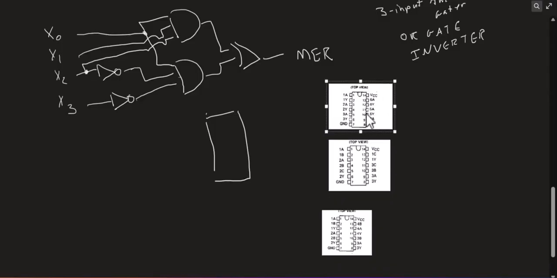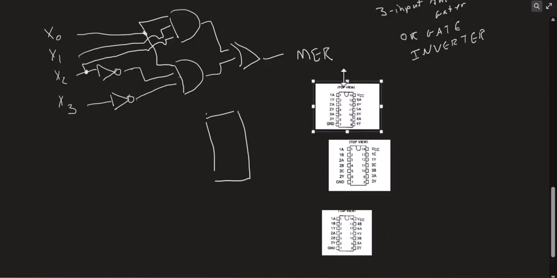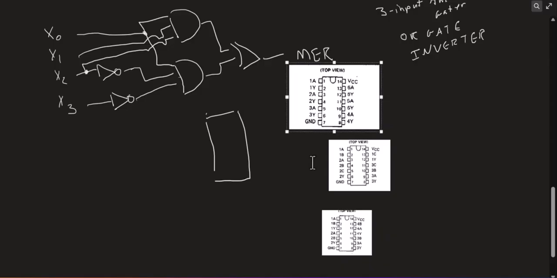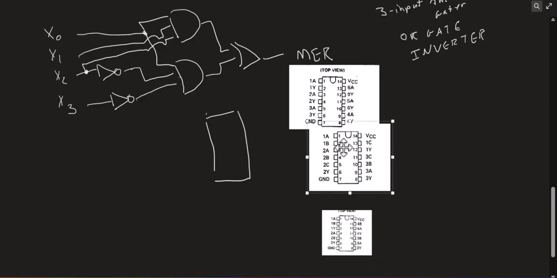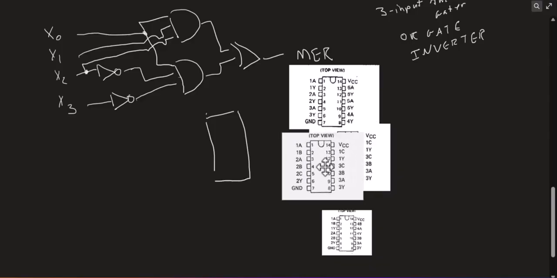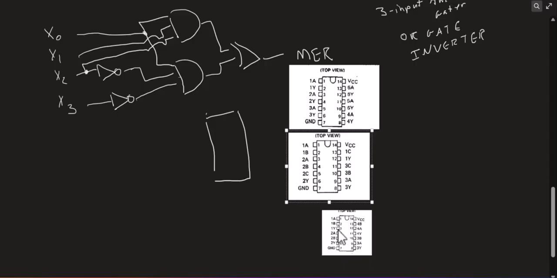Okay, so this top one is my inverter. This next one is my 3-input AND gate, and the bottom one is my OR.